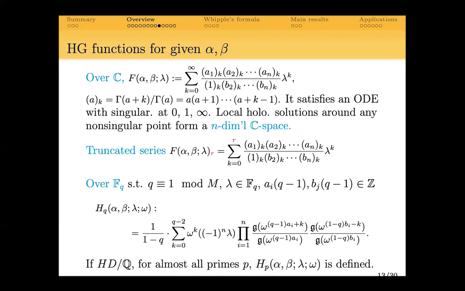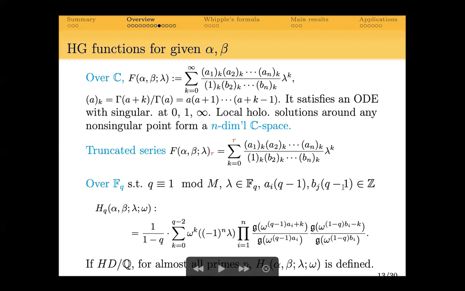Now let me get to the finite field side. Over a finite field, if I put an additional assumption that the size q of the finite field is congruent to 1 modulo m, where m is the least common denominator of alpha and beta, then each of those products a_i times (q minus 1) or b_j times (q minus 1) becomes an integer. So we clear off the denominators.